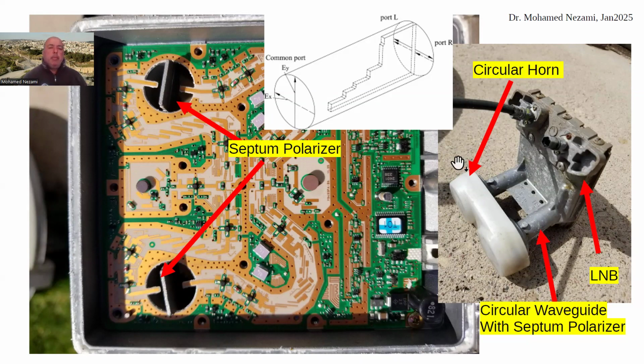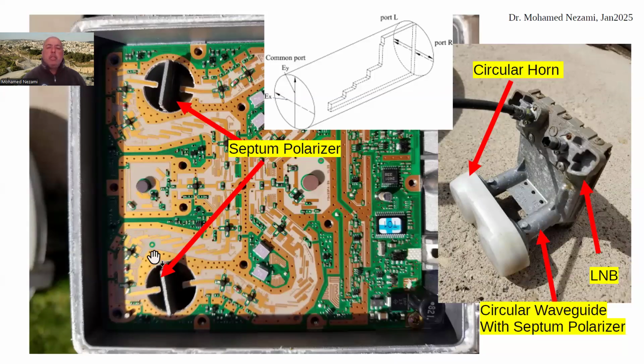And you can see what happens to the signal: it comes in from the circular waveguide in here. This is where it ends up, and that's a septum in here. This piece is really the last stage, which we usually extend so that it separates both the vertical and horizontal, and then you have printed probes that couple the signal into an LNA, a low noise amplifier.